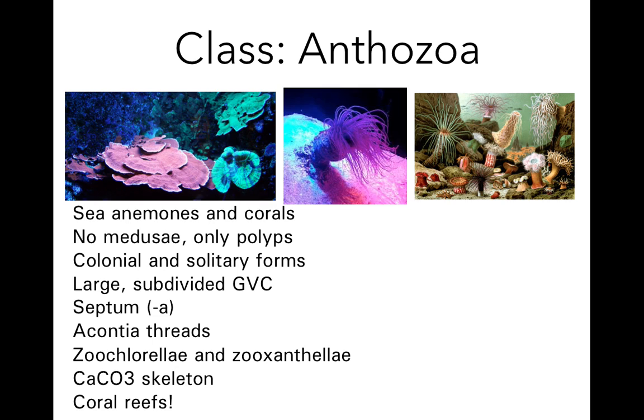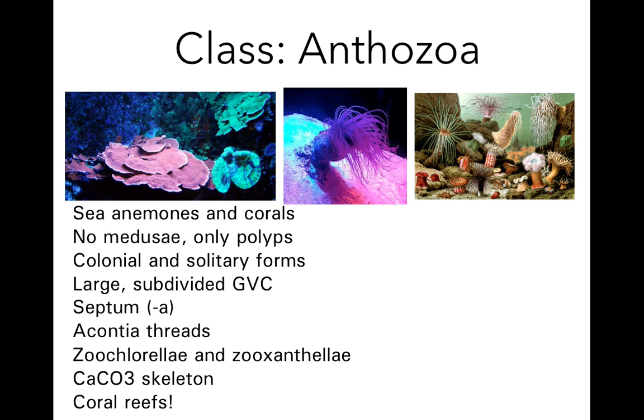Many members of the Anthozoa, in addition to their tentacles, have internal thread-like structures called acontia threads, and these also have cnidocytes that can help sting the prey and help bring them down into the GVC for digestion. They also help function in reproduction as well.